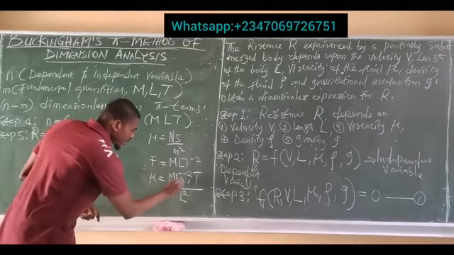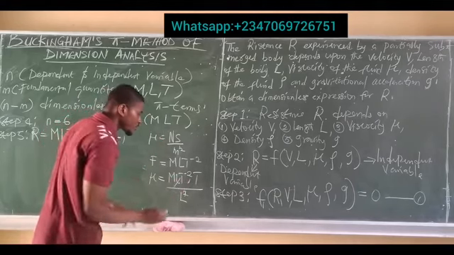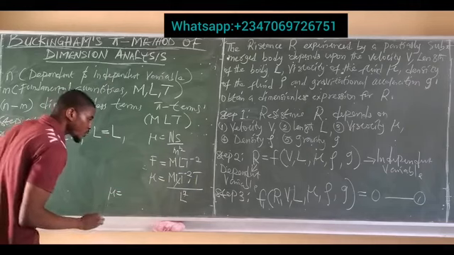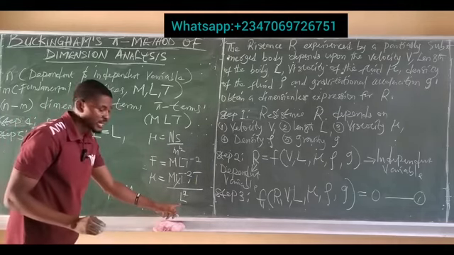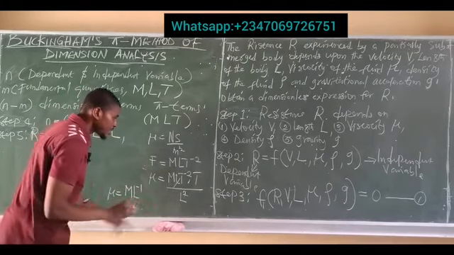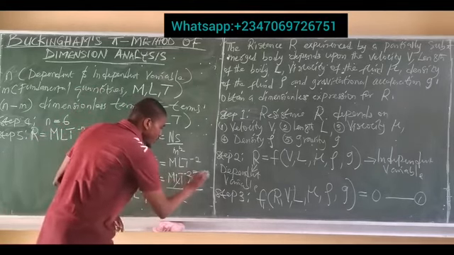From here, L cancels one of the L. This is T to the power of minus 2 multiplying by T. So mu becomes equal to what? This is M. Remember, I have one L under here, so if I pull it up, it becomes L to the power of minus 1. Then this is T to the power of minus 2, whereas this is T to the power of 1.